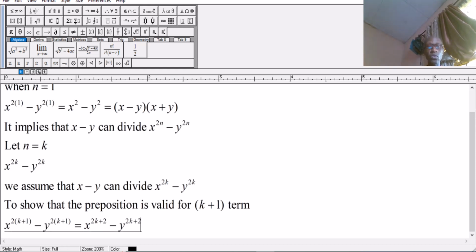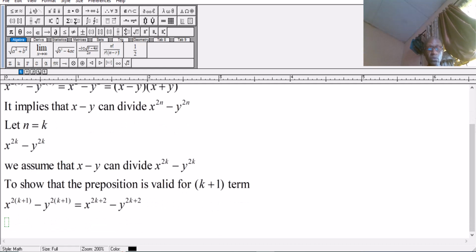So now I'm going to expand this. Let's examine everything: x raised to 2k plus 2 minus y raised to 2k plus 2.